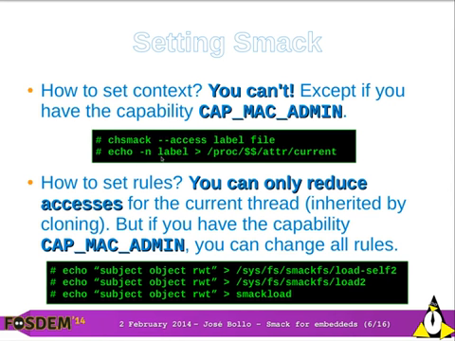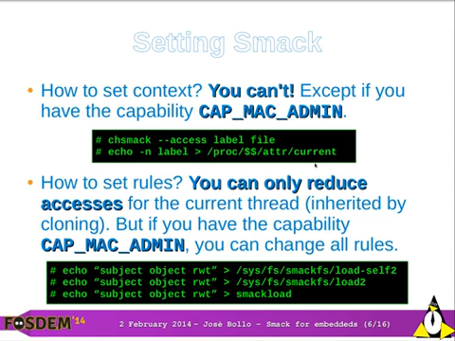On the second line here, you can see how to change the current execution context of the process. You can echo the label you want to run on this special file.